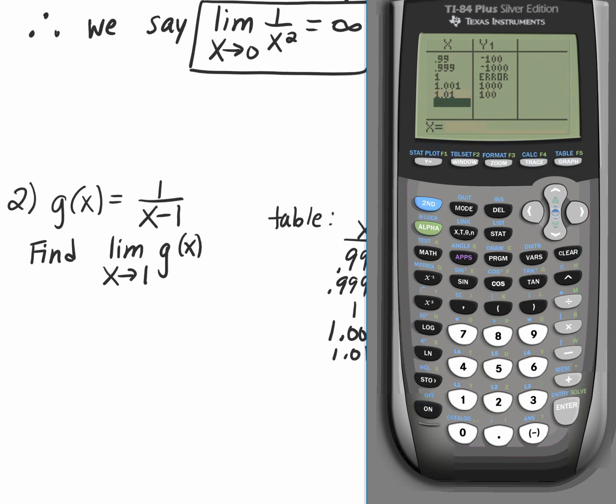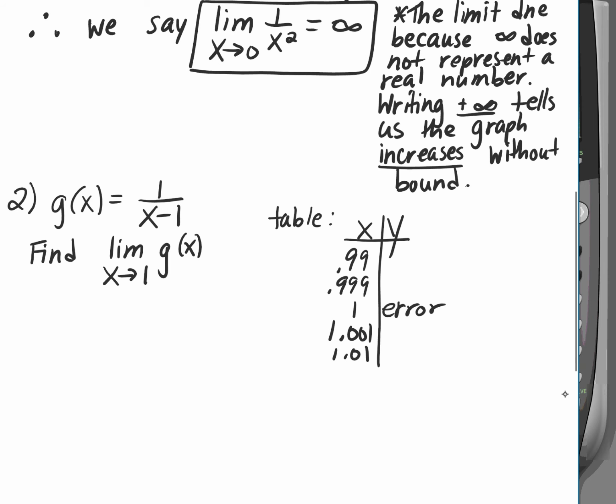So the interesting thing about this table is we are seeing those numbers, but we're seeing one side going to the negative and one side going to the positive.